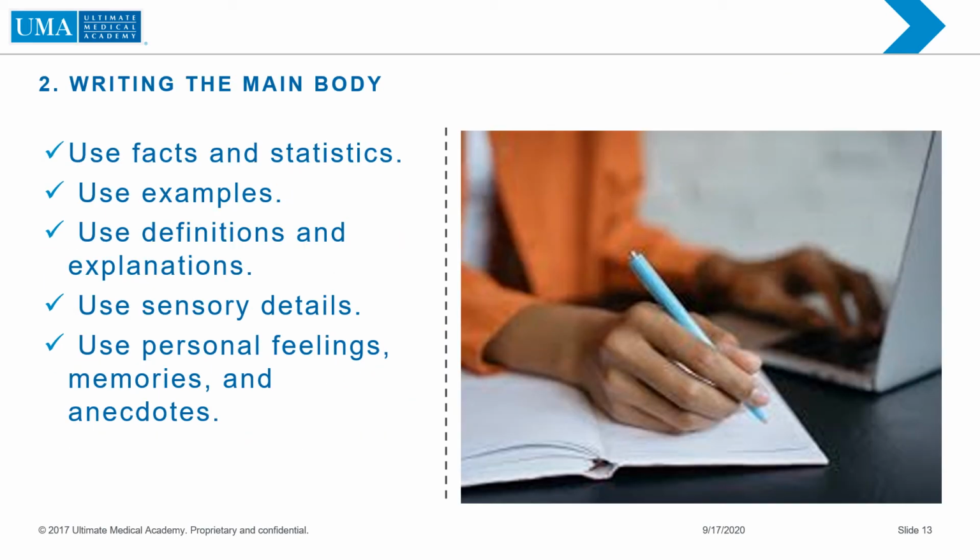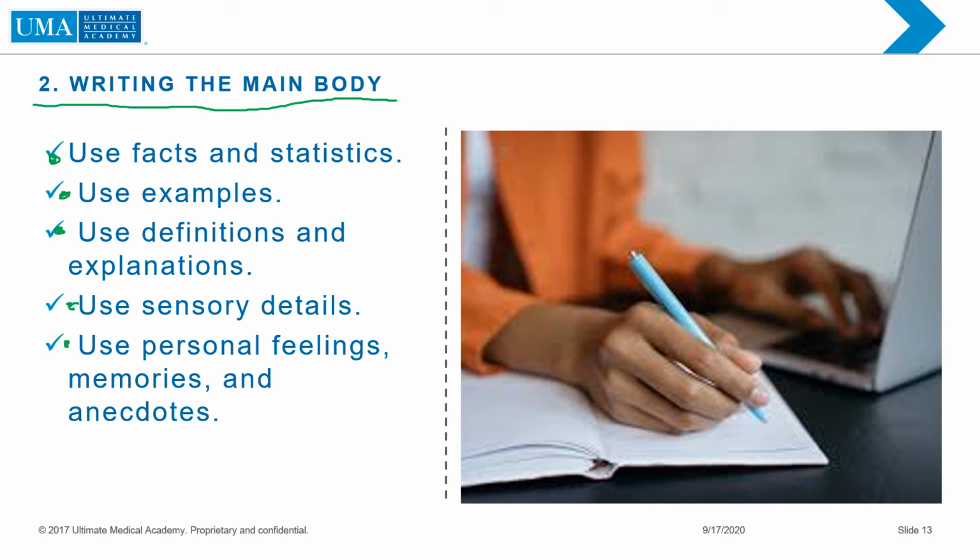All right, number 2 is writing the main body. You're going to use facts and statistics. You're going to use examples. You're going to use definitions and explanations, sensory details, and personal feelings, memories, and anecdotes.